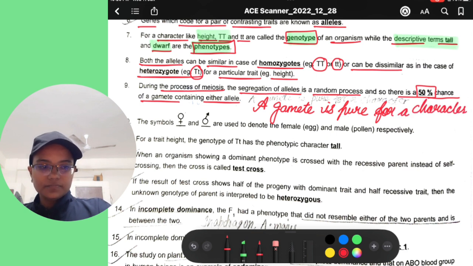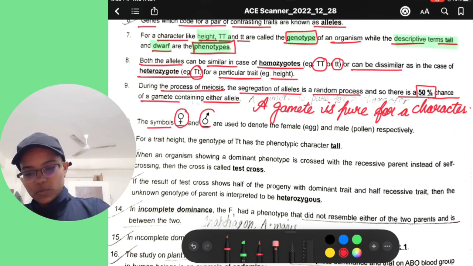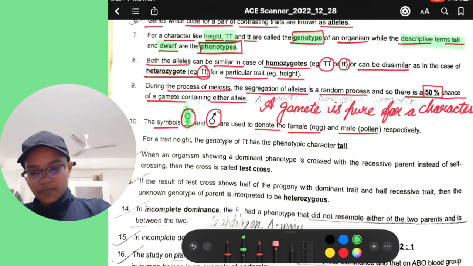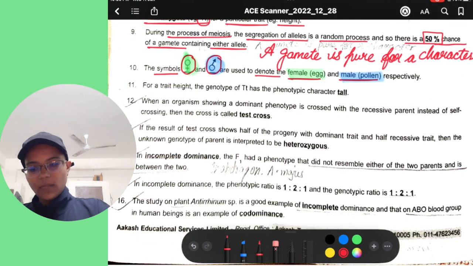The symbols, this one for female and this one for male, are used to denote the female egg and male pollens respectively. For the trait height, the genotype capital T small t has the phenotypic character tall.